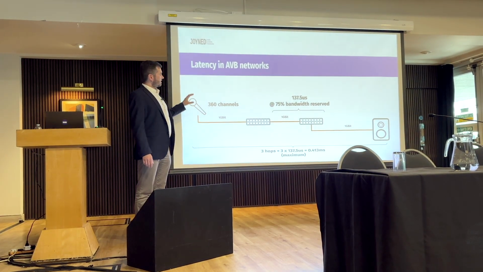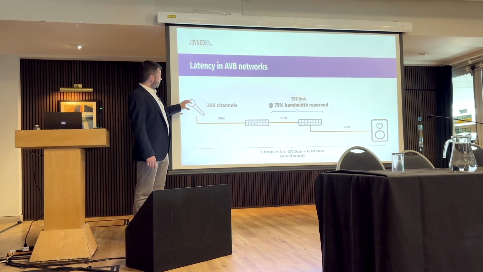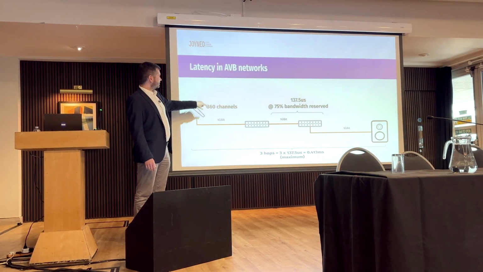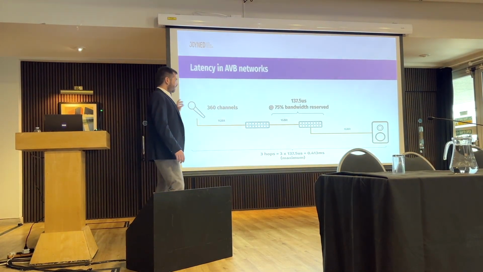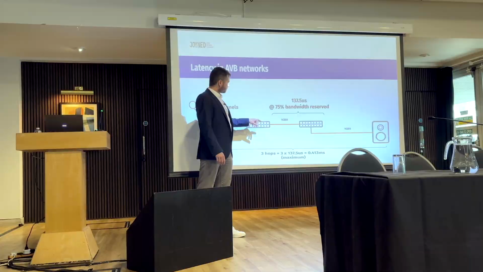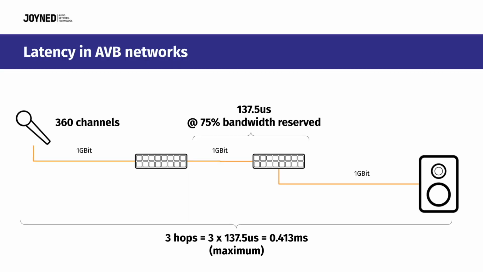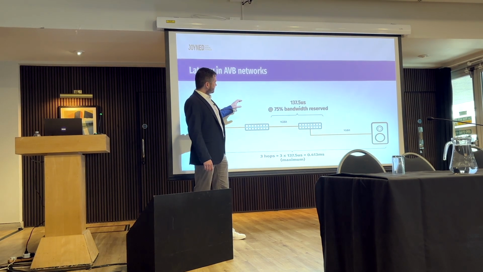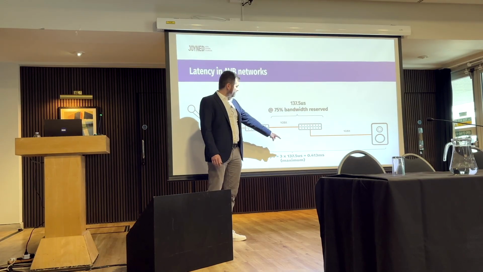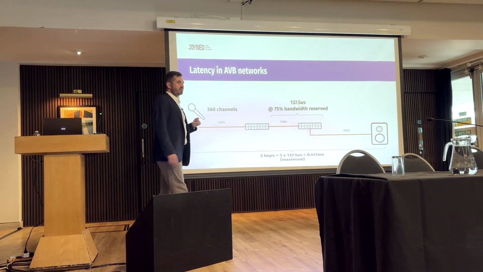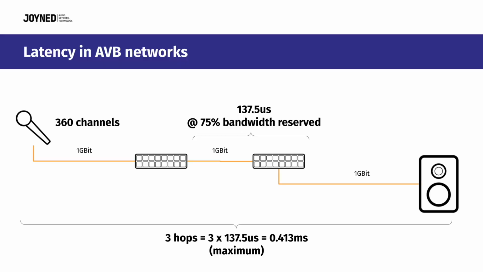Giving an example here of loading the network with 360 channels, pushing that through 2 switches, that would equal having 35% of the bandwidth reserved. It would still allow us to keep the latency as low as 0.4 milliseconds. With a fully loaded network with 360 channels, 2 switches in between, 0.4 milliseconds.